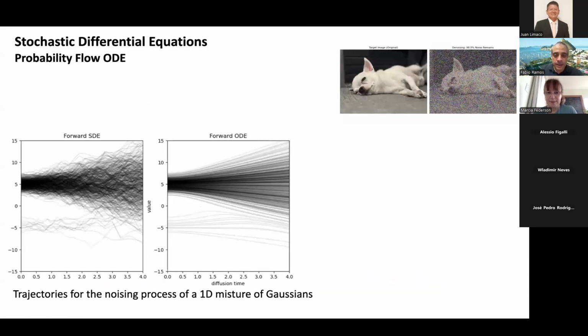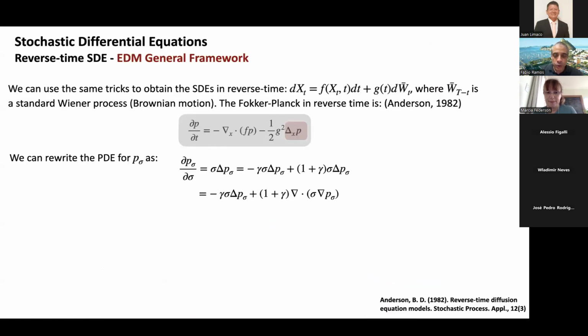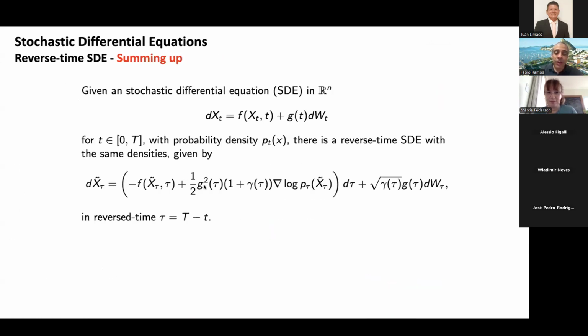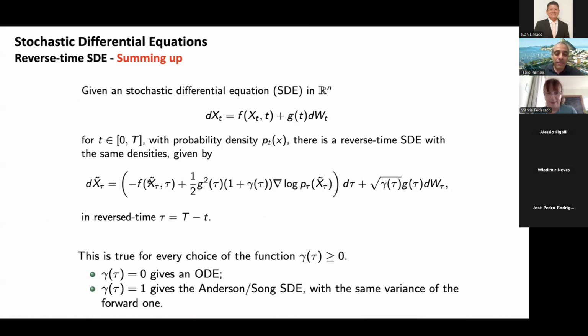I showed you this thing. Okay, you have this gamma, and gamma equals 0 gives the ODE. Gamma equals 1 gives the full SDE. You should play with this and have a little bit of the two worlds. The advantage of the flow ODE is that, for example, you can noise and denoise the same trajectory.